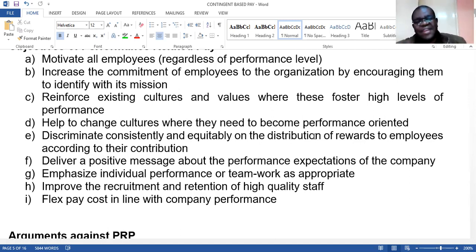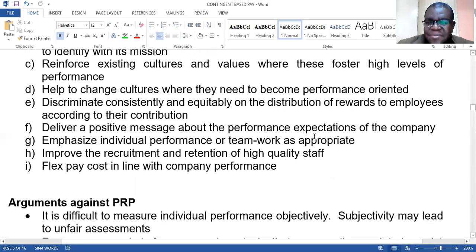Reinforcing the culture and values that foster high levels of performance, so that the organization strives to become a high performance organization, is achieved when we roll out a performance-related pay scheme.